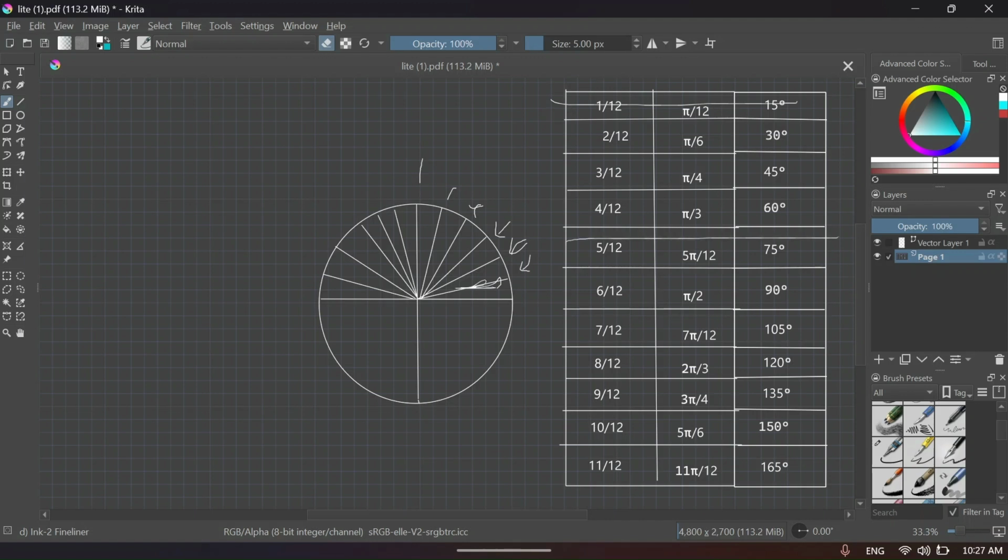We ignore this part. The things we can't simplify, cross them out, and bam. You already have the degrees you need to memorize and the associated values in radians. You have pi over 6, 30 degrees, pi over 4, 45 degrees, and pi over 3, 60 degrees. Ignore these. Ignore that. Ignore that.